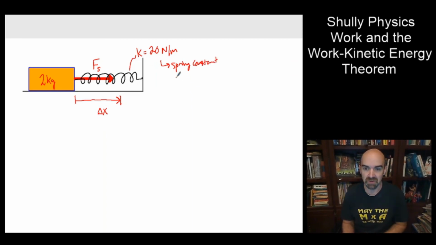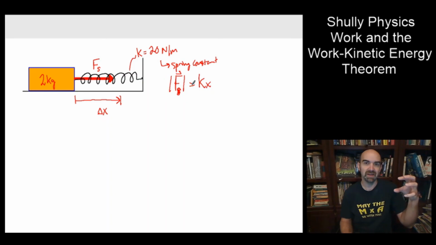If you recall Hooke's law, let's say the magnitude of the spring force is kx. Of course, the direction there, if we make this a vector, that's the force of a spring, kx. So Hooke's law says there's a negative on here. That means if we pull the spring outward one way, the spring pulls in the opposite direction the other way.